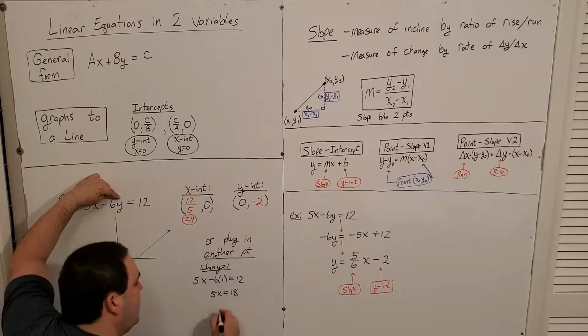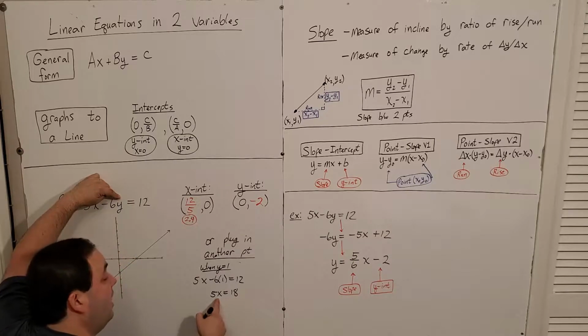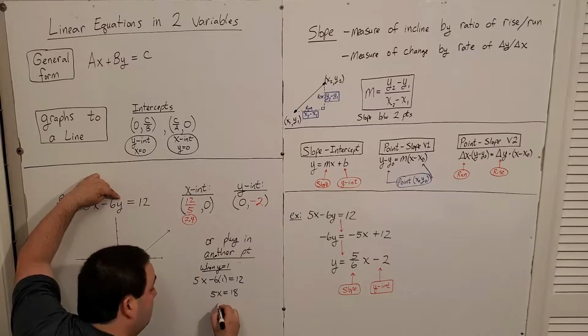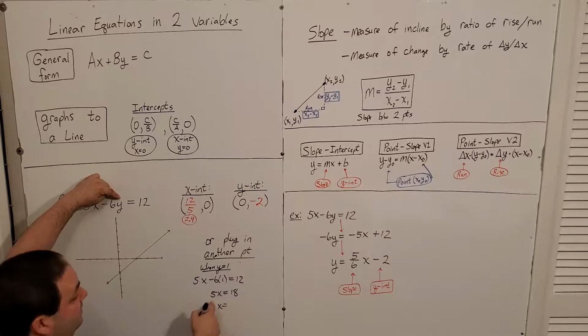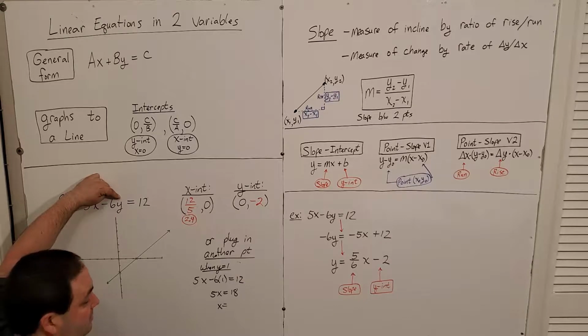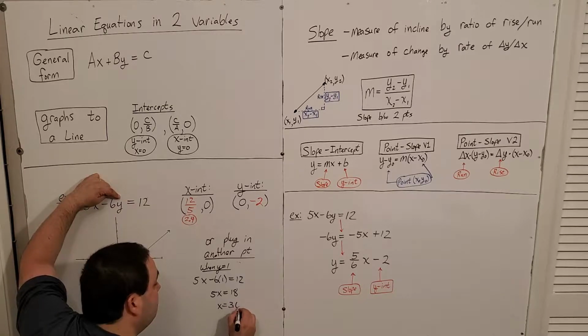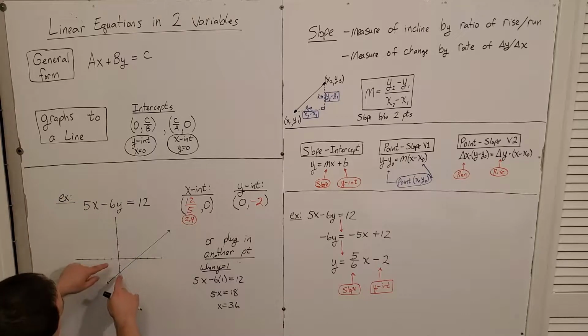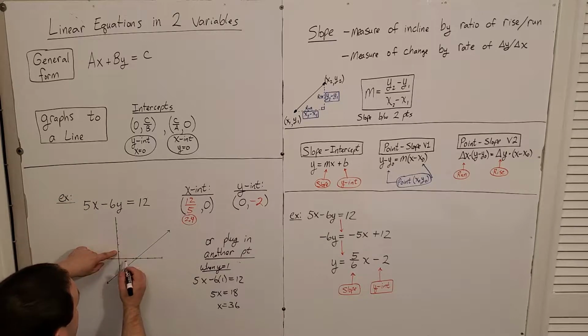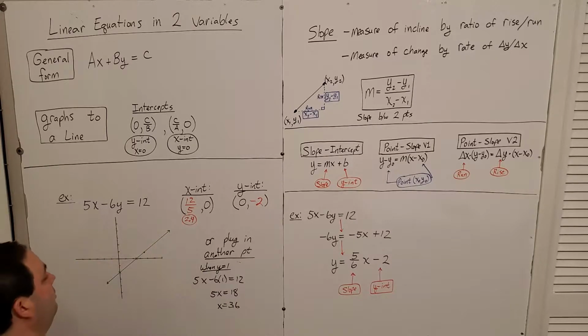Divide both sides by 5. Right? 18 divided by 5 is going to be 3 and 3 fifths, so 3.6. So when y is 1, x is 3.6, and you'll notice that the point that we're getting is right here, which is the same line that we drew before.